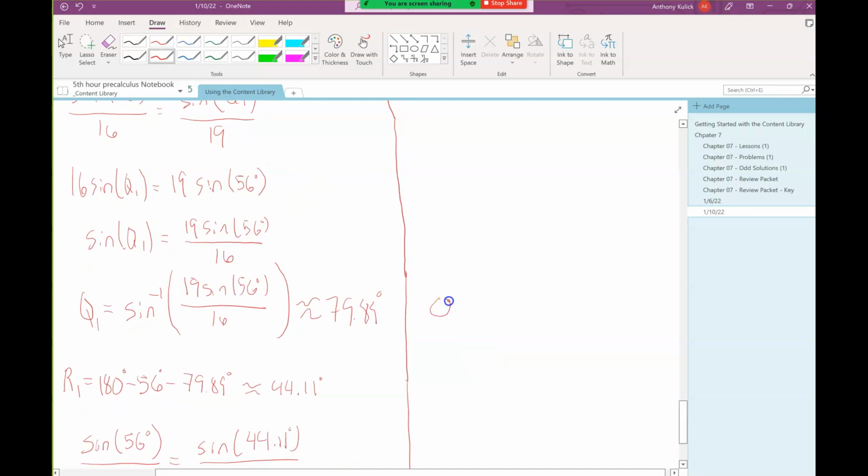This first angle we found in triangle 2, it's always just going to be the supplement of the angle we found in triangle 1.